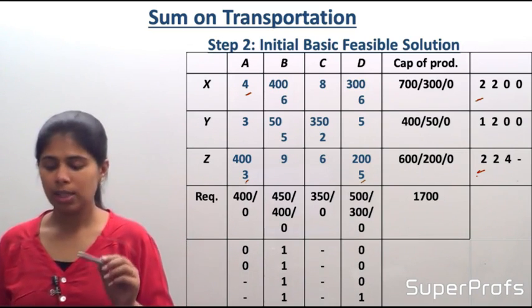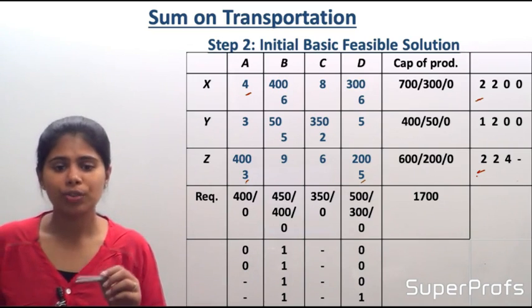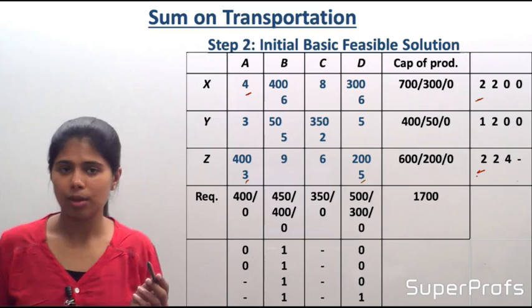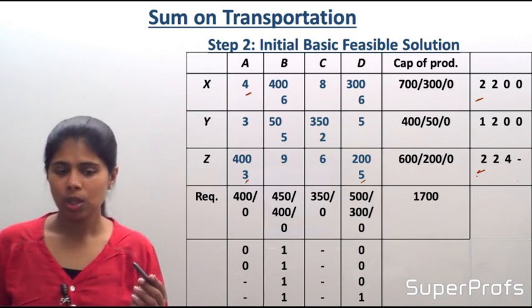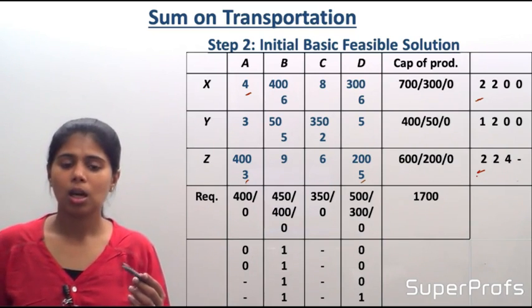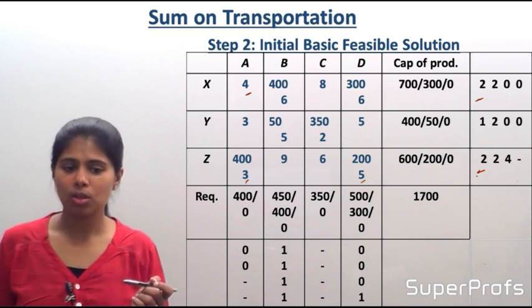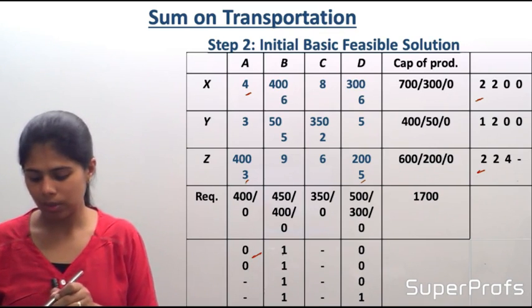Now I do the same thing for columns. In the first column, 3 and 3 both are the smallest numbers and therefore my difference is 3 minus 3 is 0. In the second column it is 5 and 6, so the difference is 1, which is what is written over here.